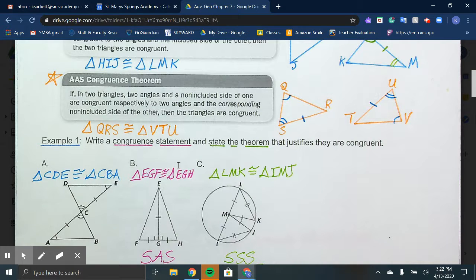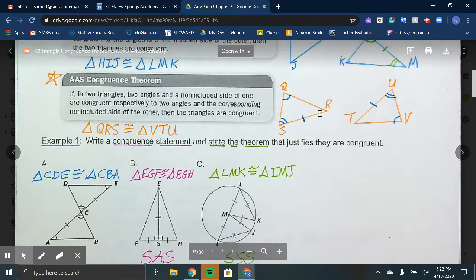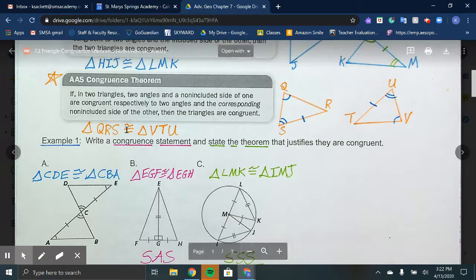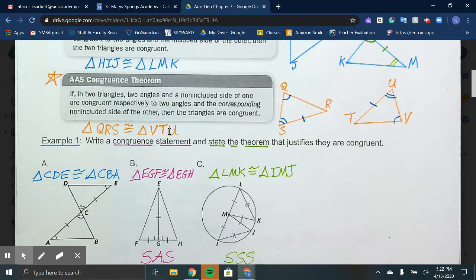And the key is that piece of the corresponding side, so you have to make sure that they match up. So for example here, RS corresponds with UT, and they are congruent. So in this case, angle, angle, side, triangle QRS is congruent to triangle VTU.